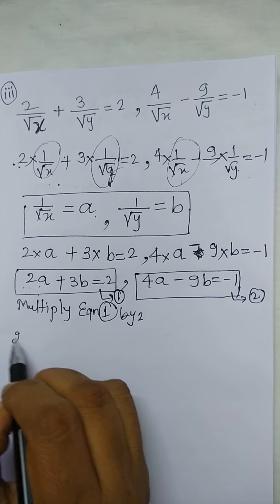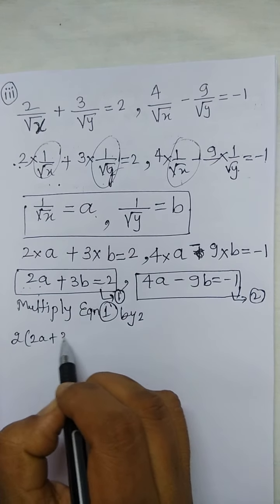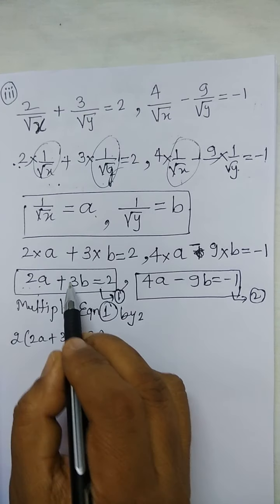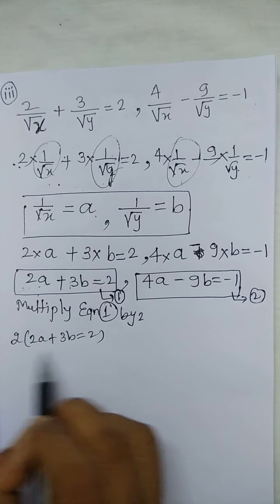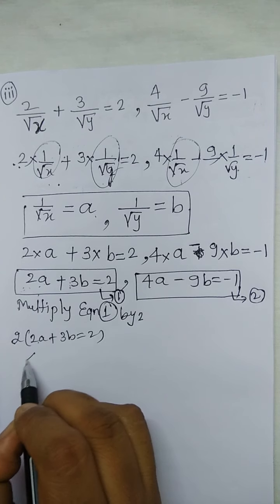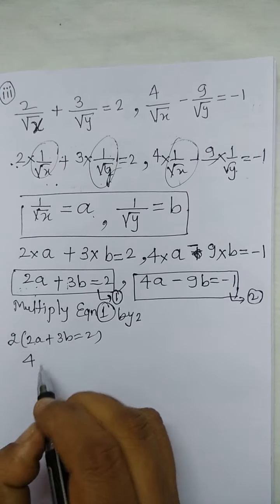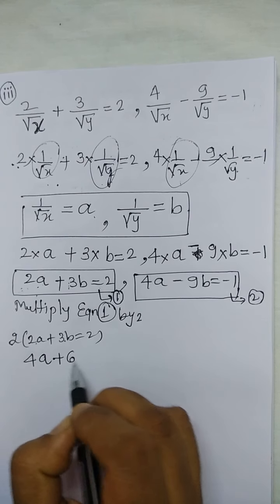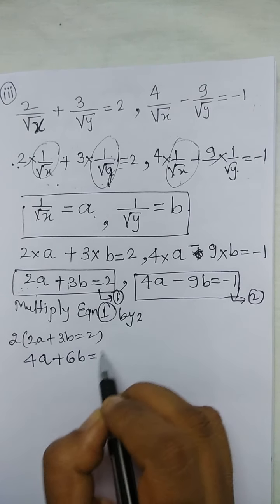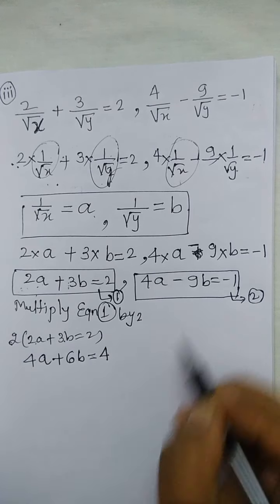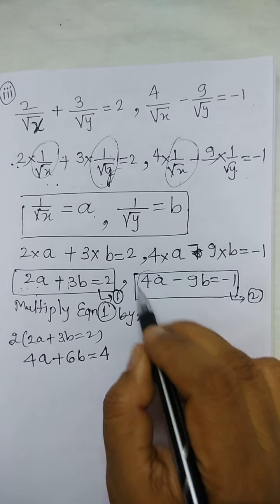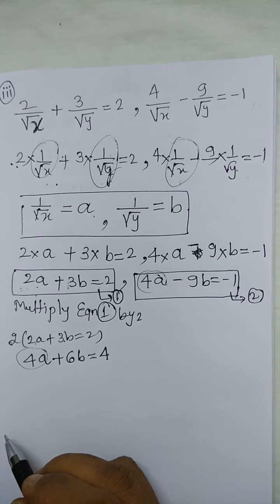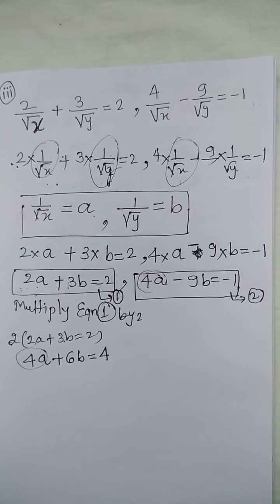So 2 into 2a plus 3b equal to 2. First equation I am multiplying by 2. So I am getting 2 2s are 4a plus 2 3s are 6b is equal to 2 2s are 4. And here we observe that this is 4a, this is 4a. So if we subtract, we can get A eliminated.